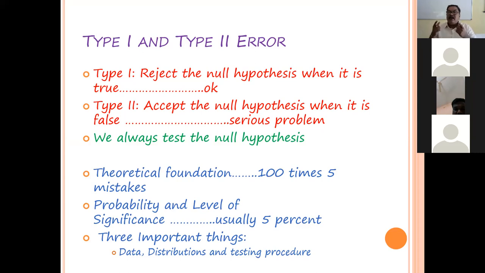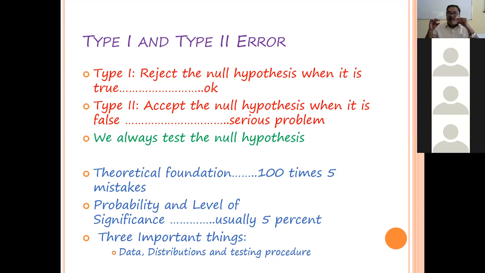Let me repeat once again. Your confidence should be more than 95%. The margin of error should be less than 5%. That is the p-value. The p-value should be less than 0.05, because probability goes from 0 to 1.